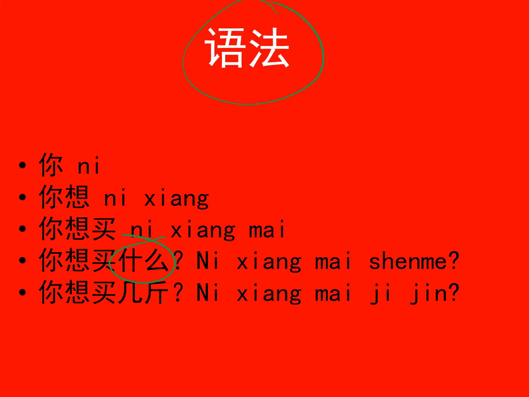The bottom one says 你想买几斤, 几 is how many? 斤 is the unit, which is half a kilo. So the bottom one is how much or how many half kilos you want to buy. So basically it means how much do you want to buy in the amount of weight. And the second to the bottom, 你想买什么 is what would you like to buy.